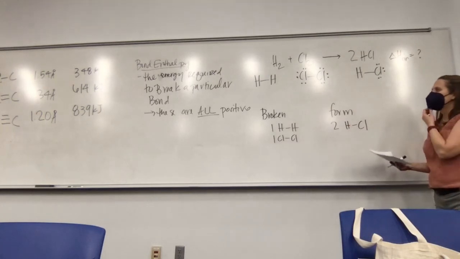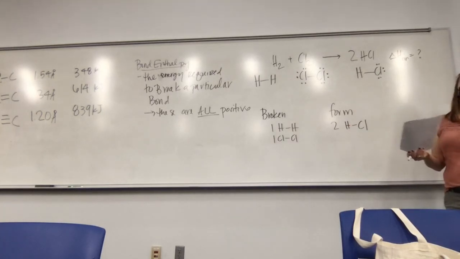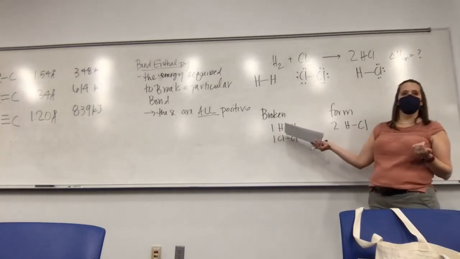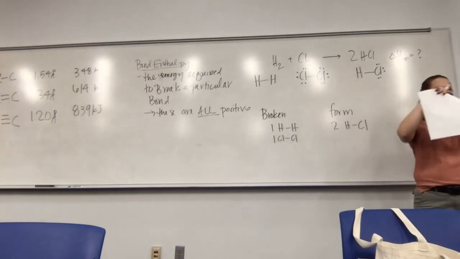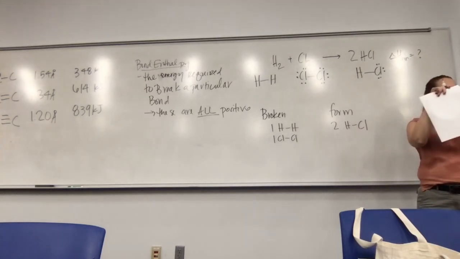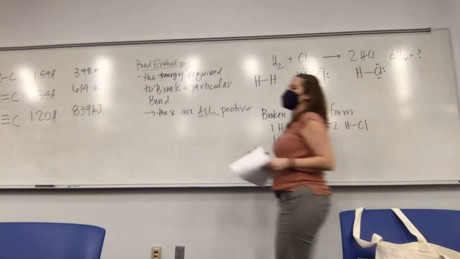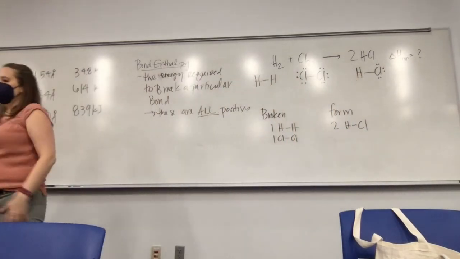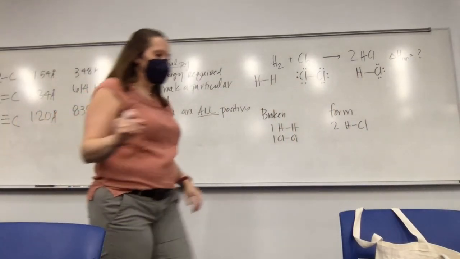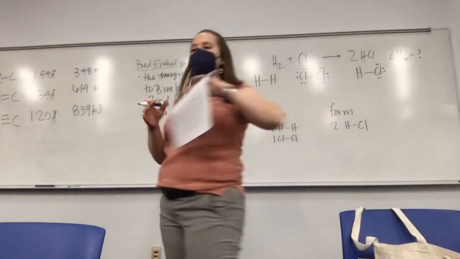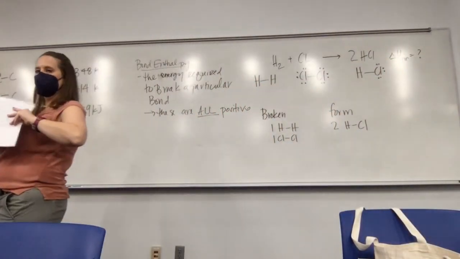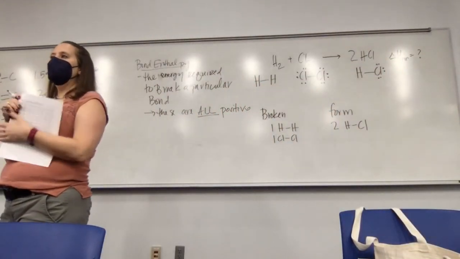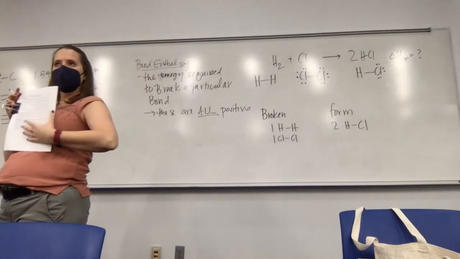Now, you might be tempted to say, well, we need two hydrogens. They are connected, so when you break them apart, it goes from one item to two. On the back of your Lewis dot structure page is a list of bond enthalpies.